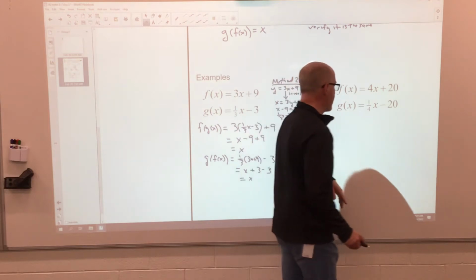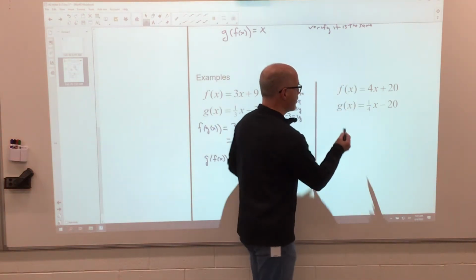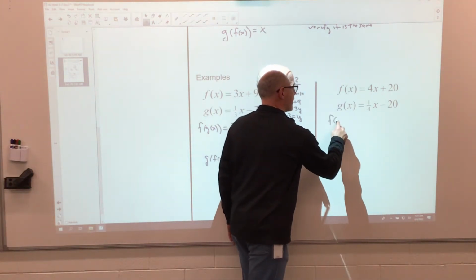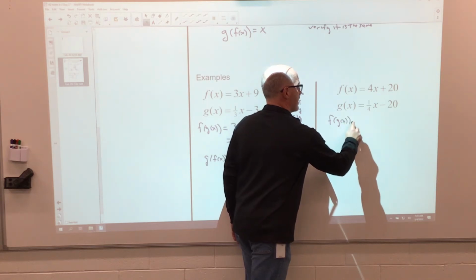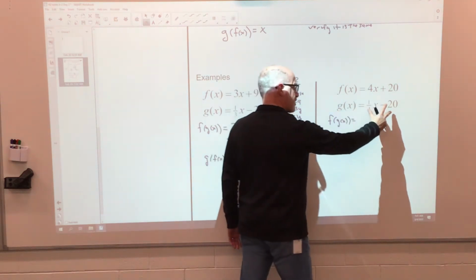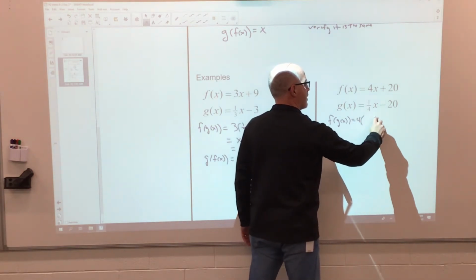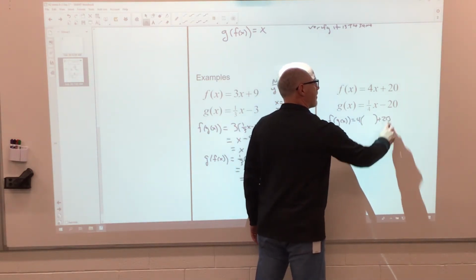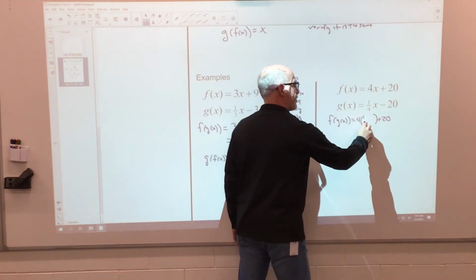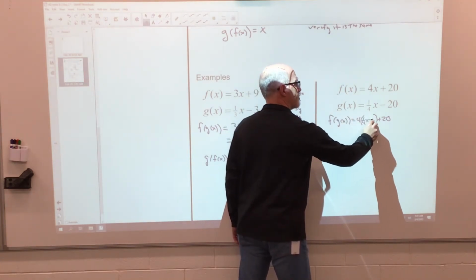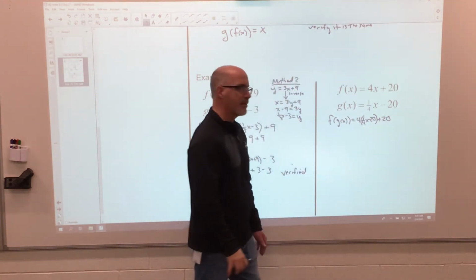Let's try this one. If we do this one, again, if we're going to do f of g of x, let's take the g of x, and we're going to put it in for x in the first function. So you're going to put in a parentheses into that formula, put in the 1/4 x minus 20, so that becomes the input.